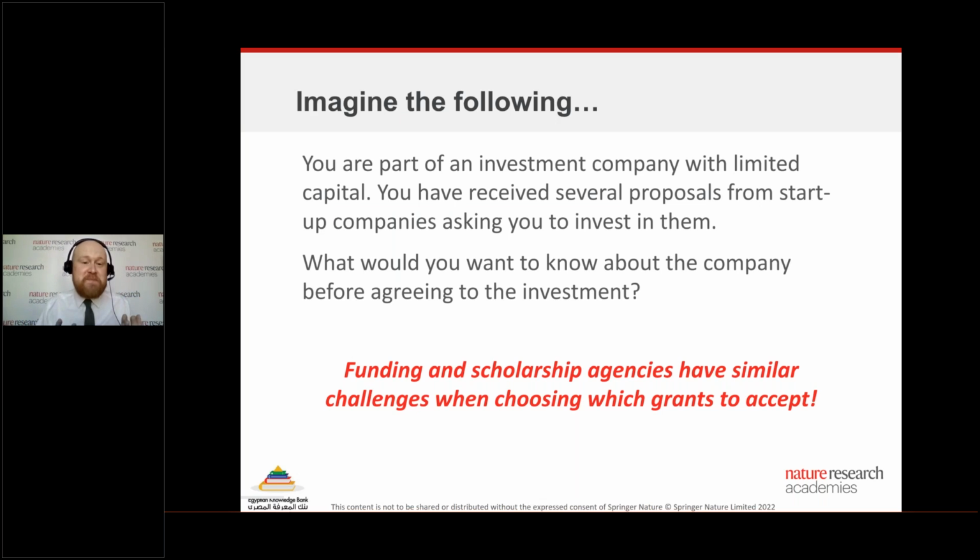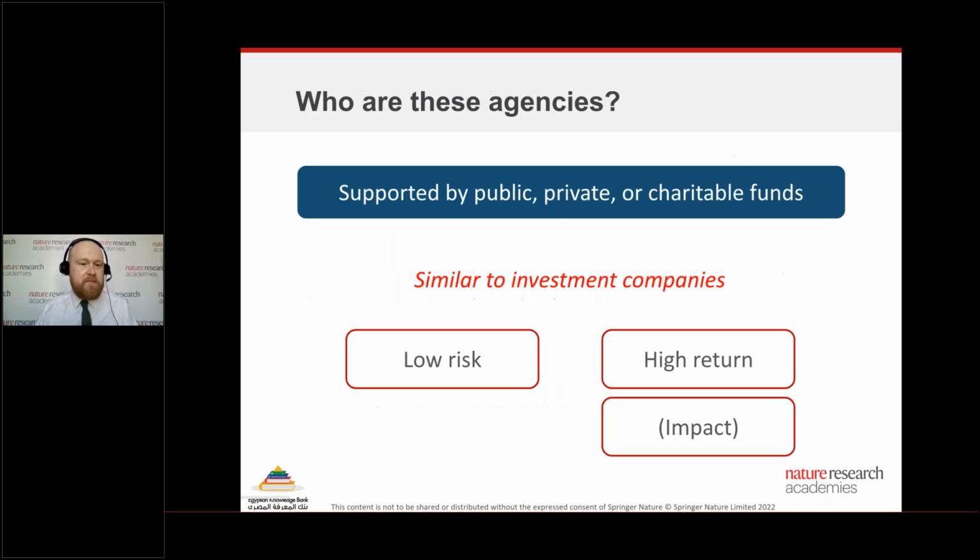So investment companies are very similar to funding and scholarship agencies. They have similar challenges when deciding which grants to accept. Now, really, investment companies want proposals that are low risk, and the same with funding bodies.